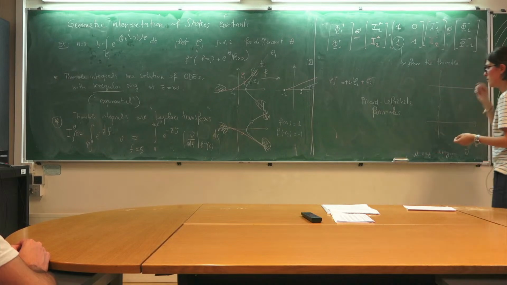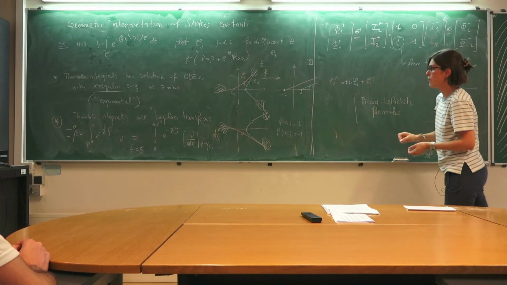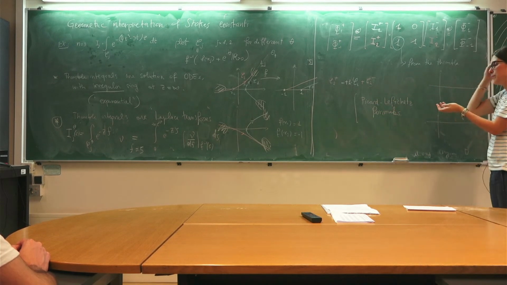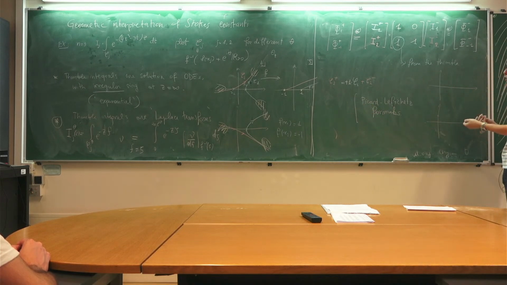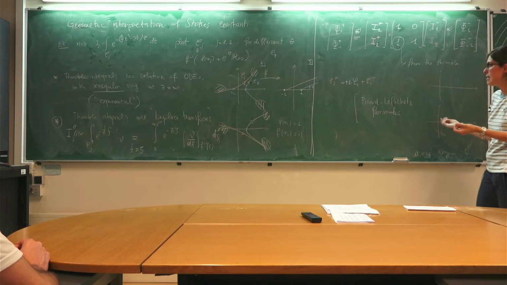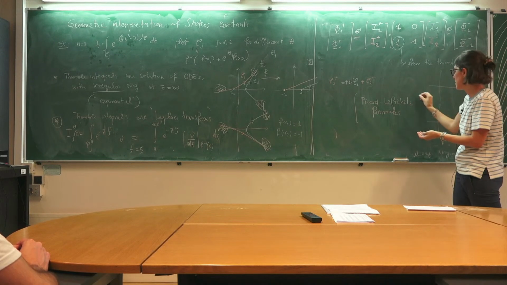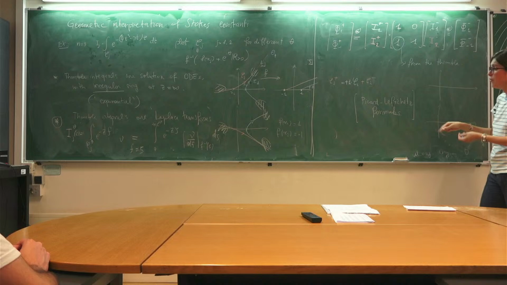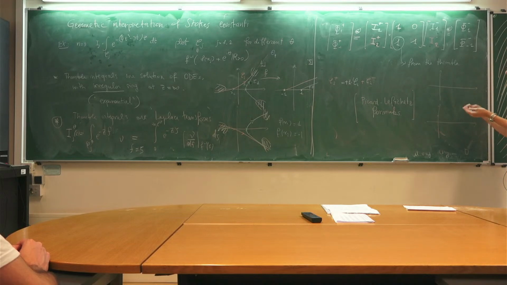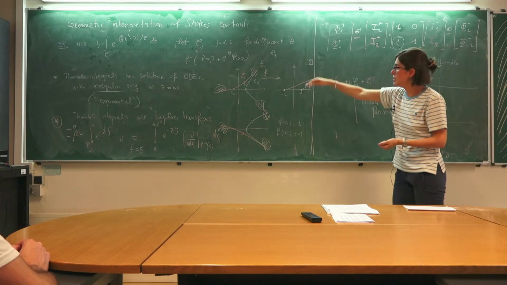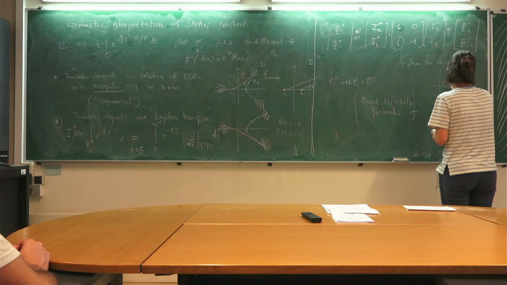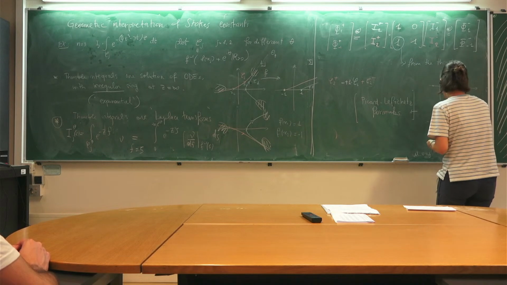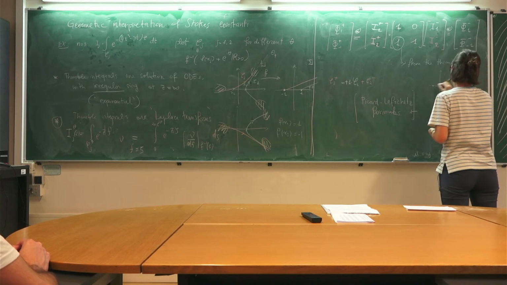I'm drawing some contour, but as I mentioned before, these are really classes in homology, and there is a theory that tells you how this homology class jumps when you change the direction theta.